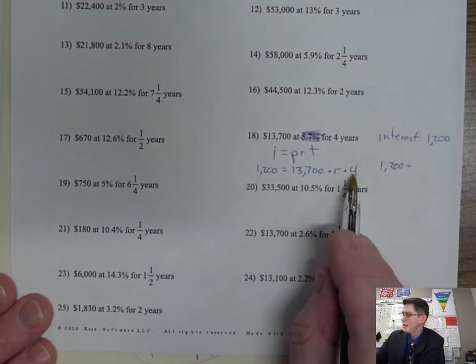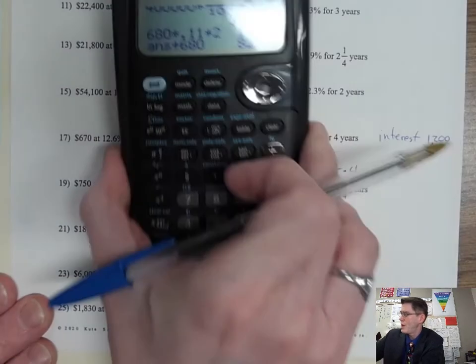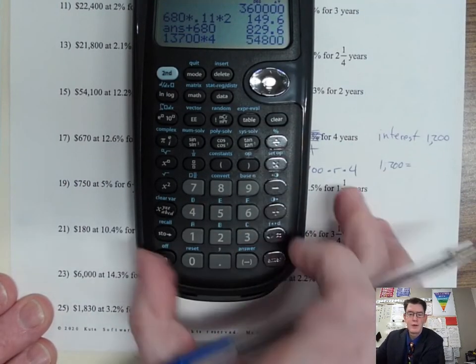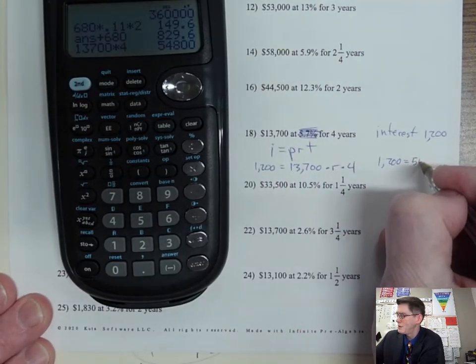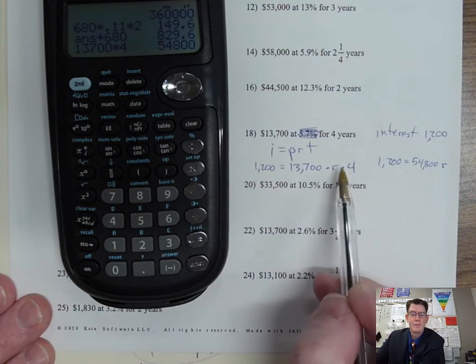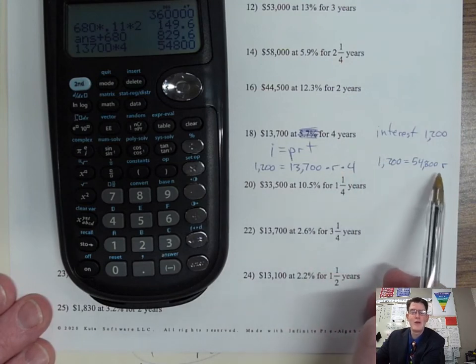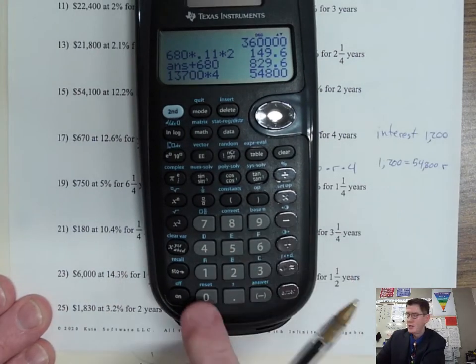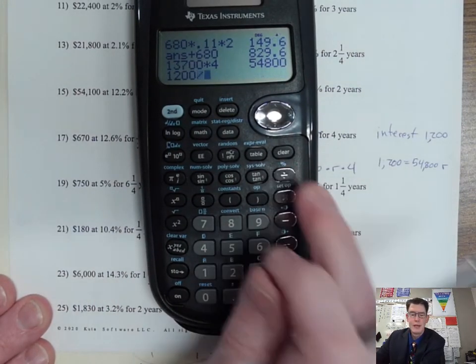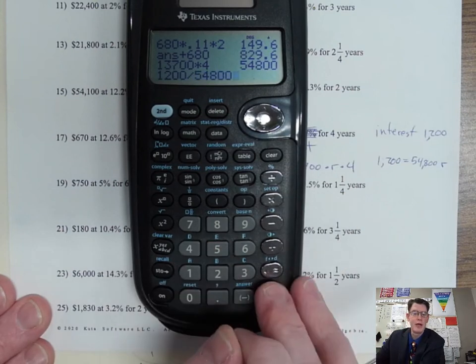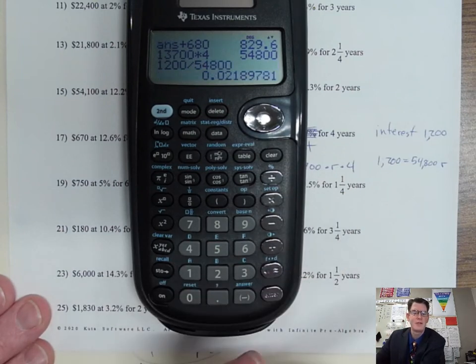13,700 times 4 is 54,800 R, because that R is still there. And then you guys already know this. To get R by itself, you divide off the 54,800. So it's 1,200 divided by 54,800.